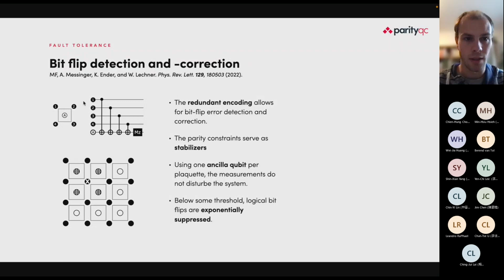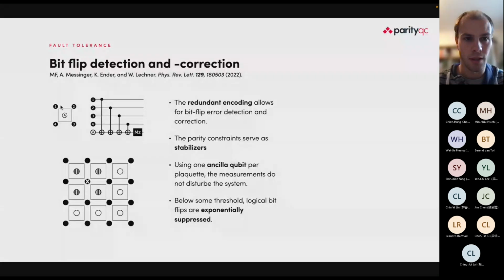So if we recall these constraints, which are here shown as a square plaquette, we know that the number of spin downs on such a constraint must be even. This is due to these closed loop constraints I showed in the beginning.